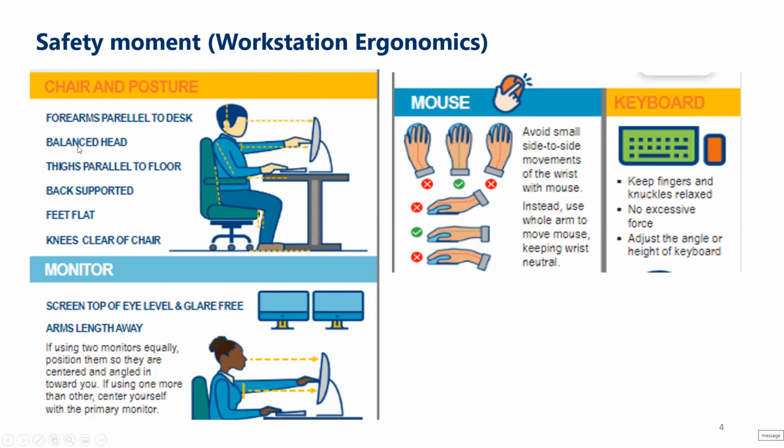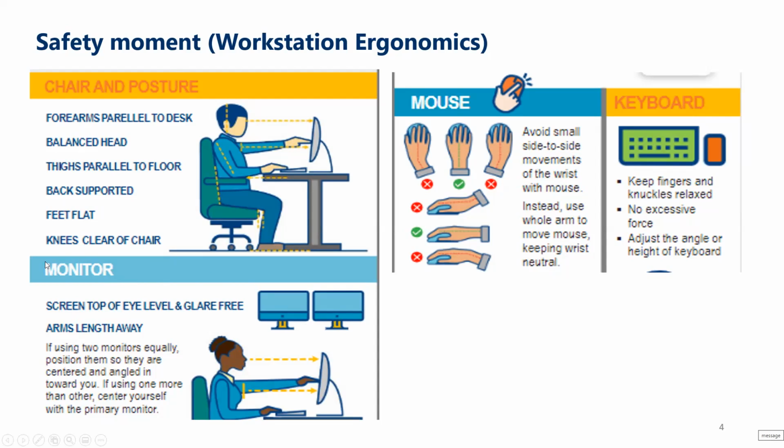Our forearms have to be parallel to the desk. We need to balance our head, with thighs parallel to the floor. Our back needs to be supported, to avoid back pain due to the long hours of sitting. And our feet have to be flat, with knees clear from the chair, so you need to have a clear clearance.